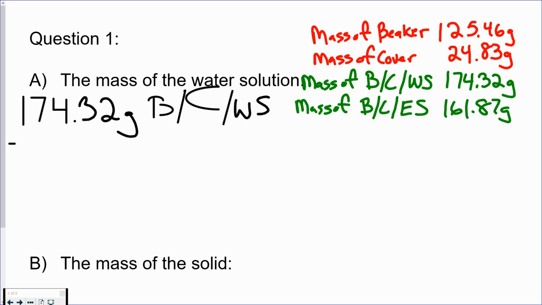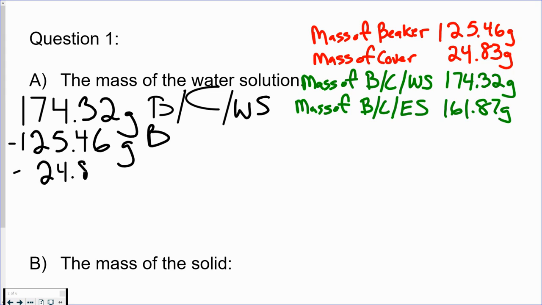In order to get the water solution by itself, you need to subtract the beaker and the cover. So we're going to subtract the beaker first. That's 125.46 grams. That's the beaker. And we're also going to subtract the cover, which is 24.83 grams.